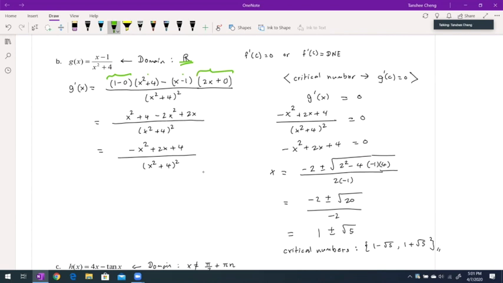And when you distribute and simplify, that basically gives me negative x squared plus 2x plus 4 over x squared plus 4, quantity squared. For these situations, I need to, again, be careful and look at it.